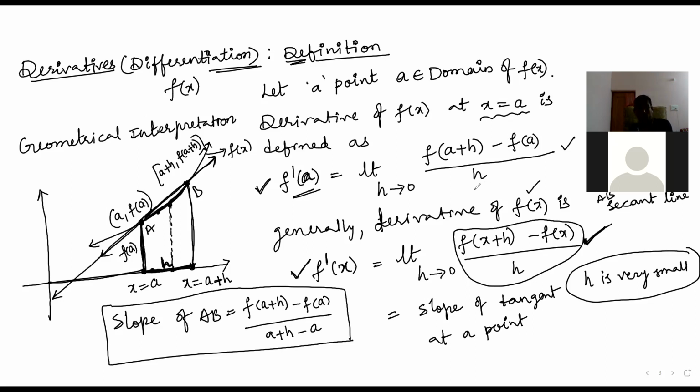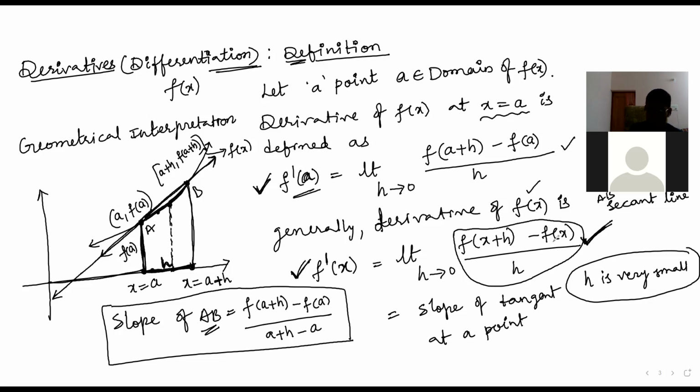So that is the geometrical interpretation. Geometrically, what is the meaning of this? The slope of AB, as h is tending to 0, the slope of the secant becomes the slope of the tangent. What you need to remember is this definition: f dash of x equals limit h tends to 0 of f of x plus h minus f of x by h.